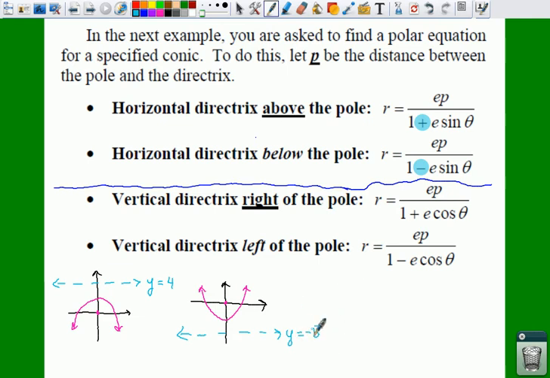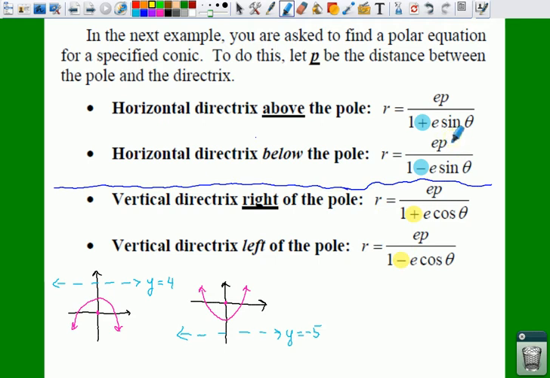That negative determines the negative in front of your e sine of theta. The same thing happens with a vertical directrix to the right of the pole, so x equals some positive value. That gives you your plus sign in front of your cosine. And if you have a vertical directrix to the left of the pole, that would give you your minus.